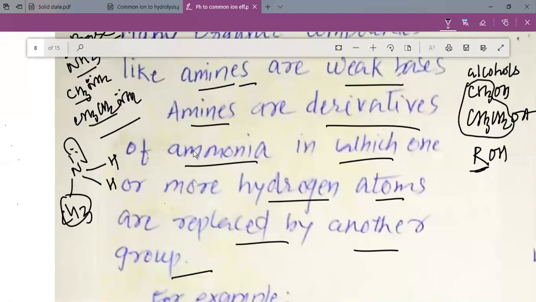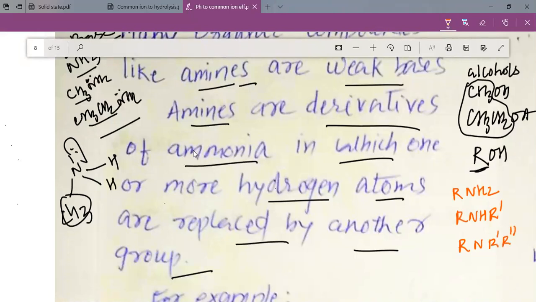You can even think of these amines in a different manner, my dear students. Suppose in ammonia, we have RNH2. Suppose another hydrogen is also replaced, then we can write it RNHR dash. If a third hydrogen is also replaced, we can write RNR dash R double dash.